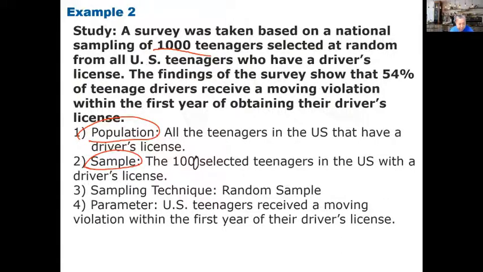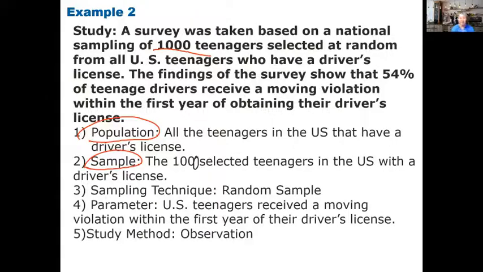Then parameter in this case is US teenagers received a moving violation within the first year of driver's license obtained. Then the last one is asking, what's the study method? So study method is either answer, is it experimental or observational? So which one is it?